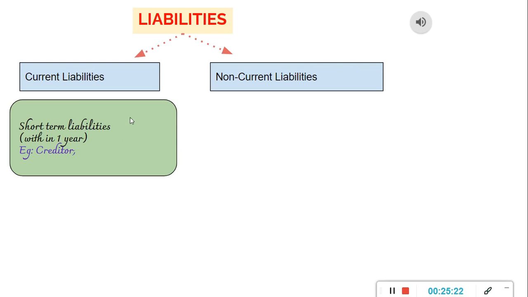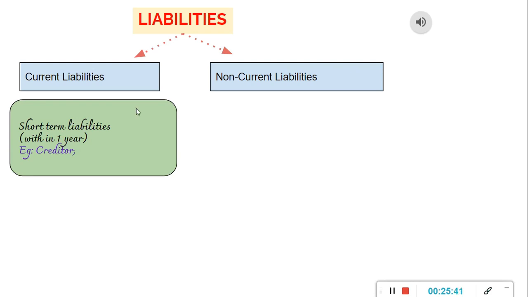So creditor is a short-term liability; generally we have to complete the payment within 3 months. It's a general rule for accounting, right? So the creditor is an example of current liability.